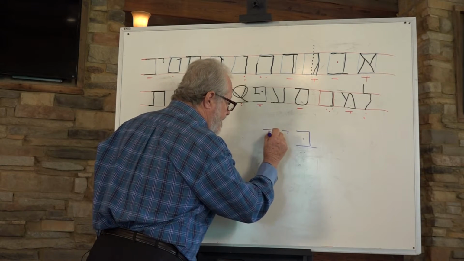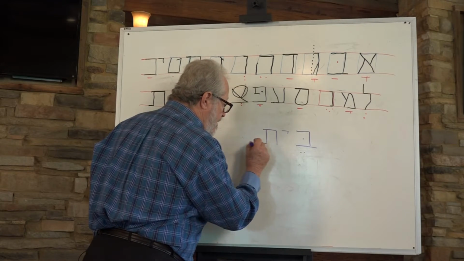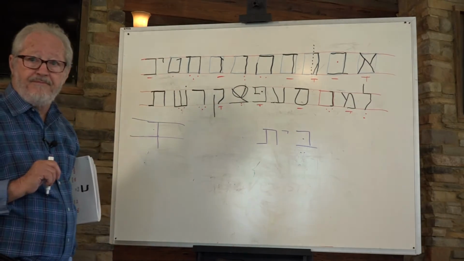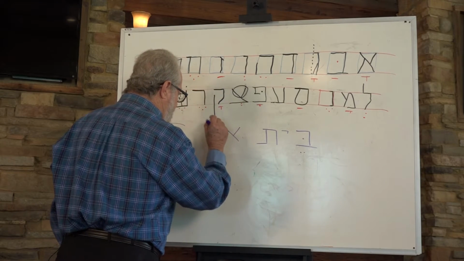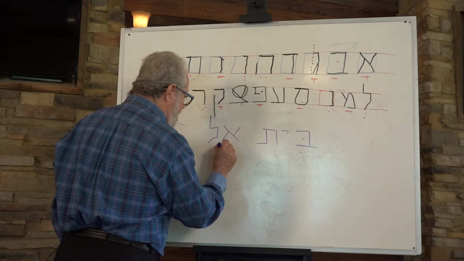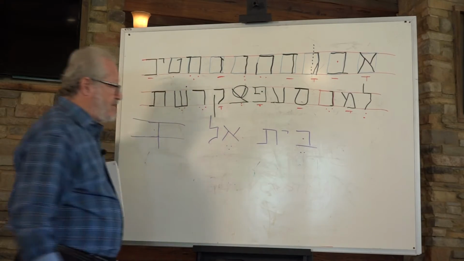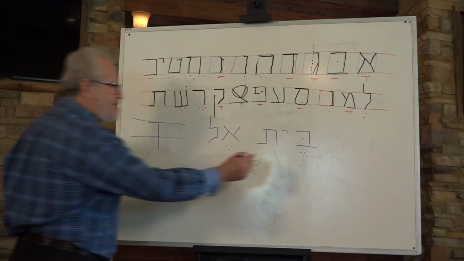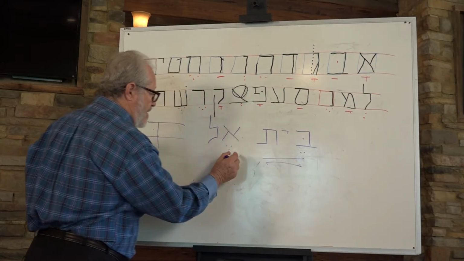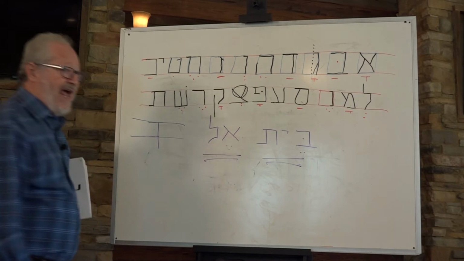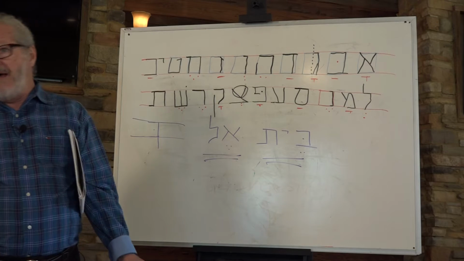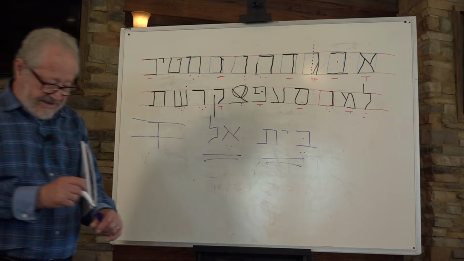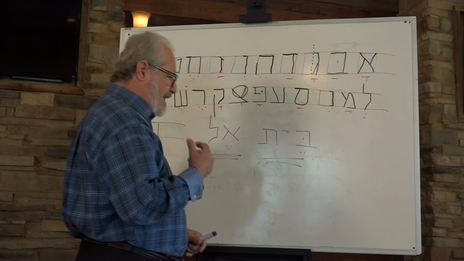And then we have a Taf. That's Beit. And this is El. Two words. There's Beit El, house of the Lord. But in America, they say Bethel. That's fine. It doesn't matter how you say it, it's what it is.